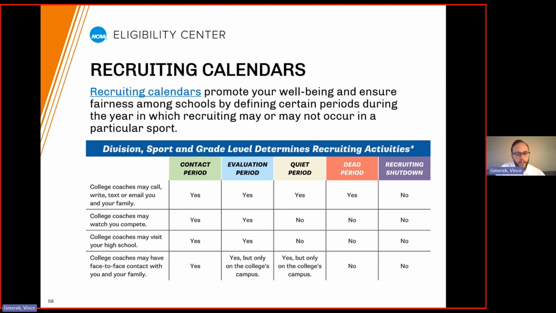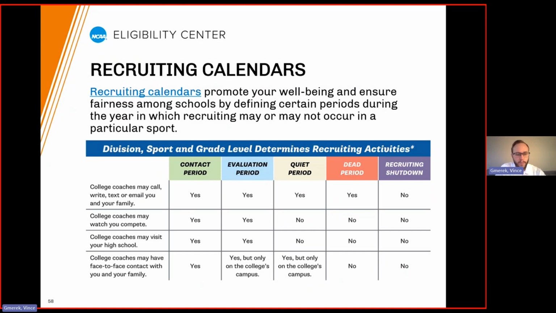Again, in general, there's a concept of what are called recruiting calendars. Those have specific breakdowns of when schools are allowed to contact you directly and when you're allowed to contact them or visit them. Those change depending on the sport, where the student is from, the academic calendar for the particular student. And again, it gets pretty complicated pretty quickly.